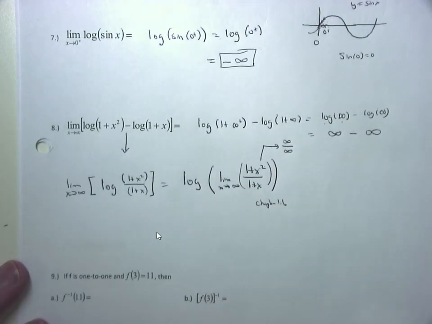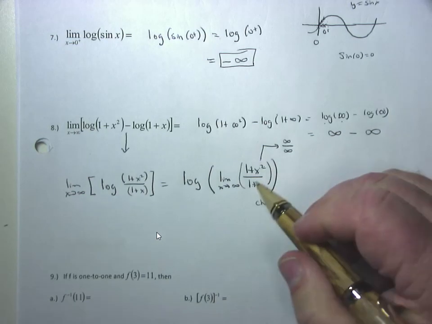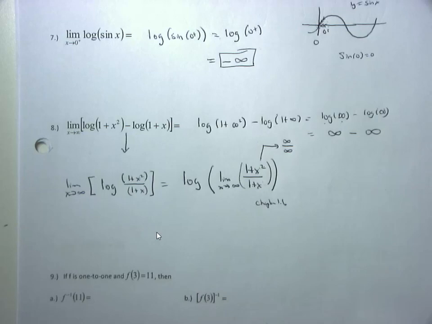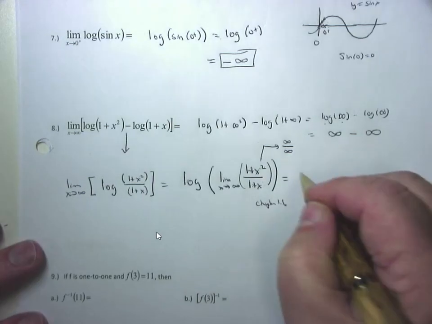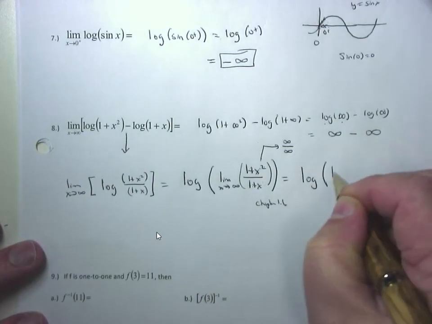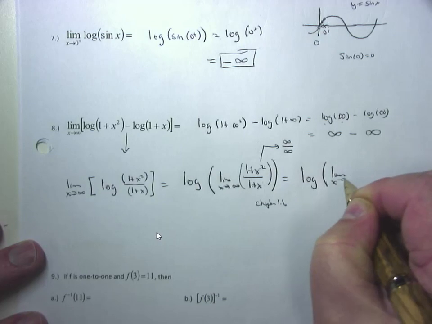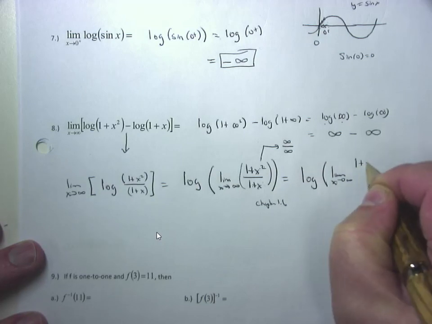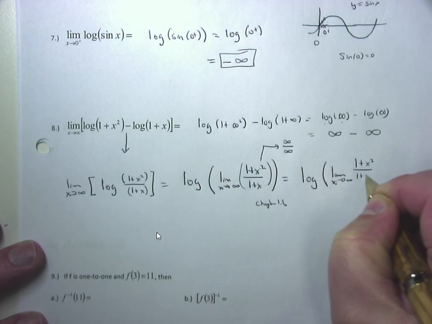Chapter 1.6, when you got a polynomial over a polynomial, when you're taking the limit as x approaches either plus or minus infinity, you multiply by 1 over x to the degree of the denominator. What's the degree of my denominator in this problem? 1. It's 1 plus x to the first power. It's degree 1. So this would be equal to the log of the limit as x approaches infinity of 1 plus x squared divided by 1 plus x.